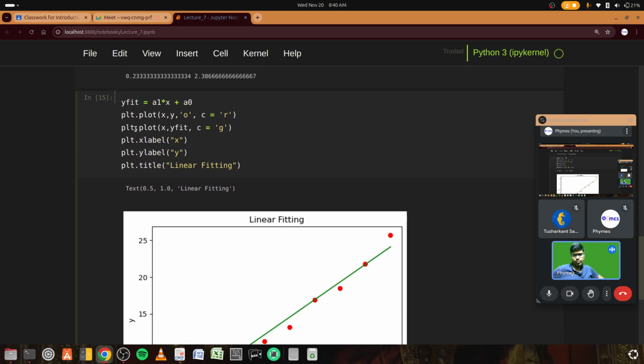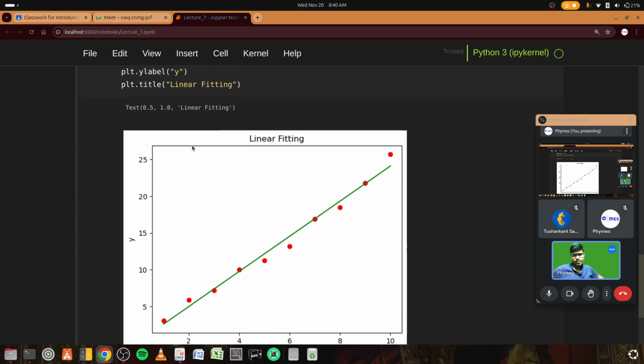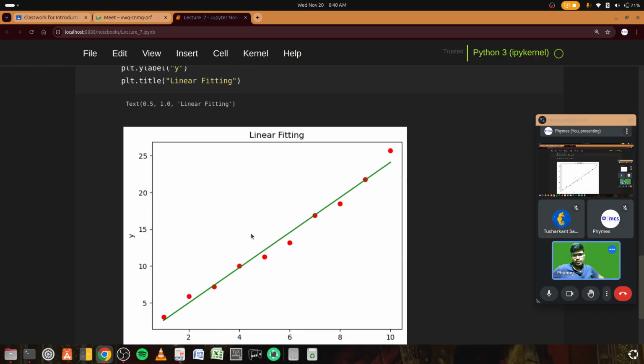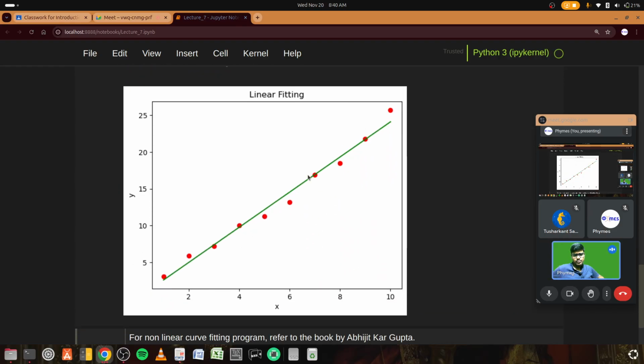And now if you plot all these data points and the function together, the function we predicted from the a1 and a0 values, then you will get the fitted data, right? These are the data points, and this is the actual curve that fits the data, right?